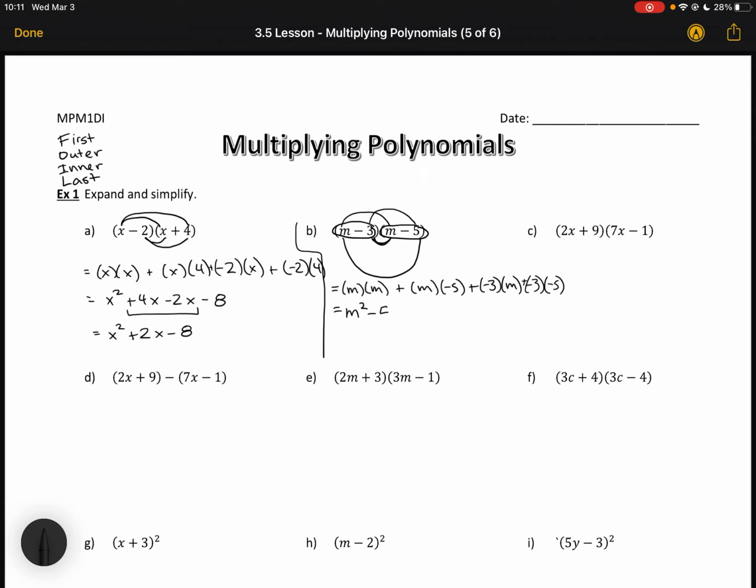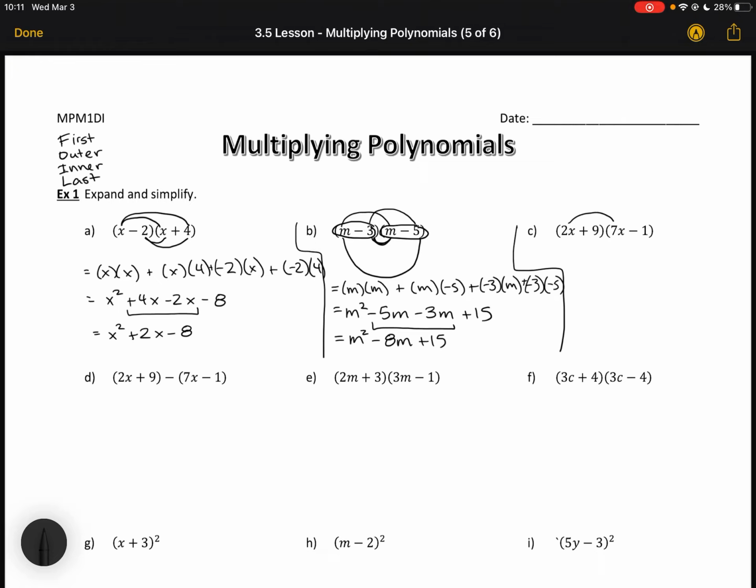Expanding those all out, I get m squared minus 5m minus 3m plus 15. Again, my two middle terms are the same. I can simplify those to m squared minus 8m plus 15.